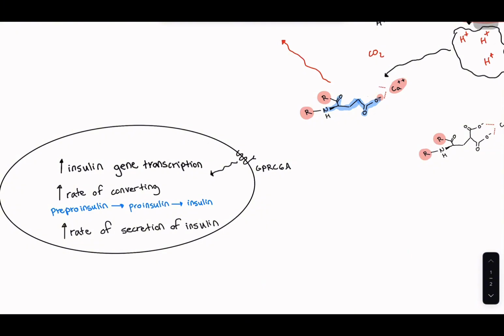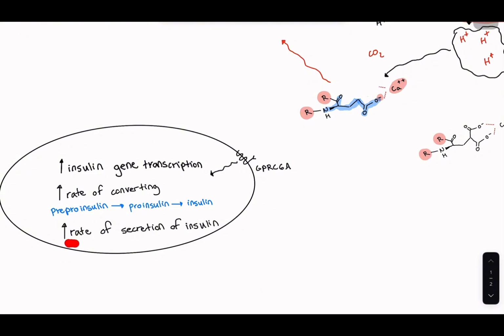a bunch of downstream effects that I'm not going to go into in this video, which facilitate an increase in gene transcription of insulin. And then I'm increasing the rate of converting preproinsulin into proinsulin, and then proinsulin into insulin. So I'm facilitating the post-translational modification of insulin into the active form, which can then be released in the presence of nutrients.